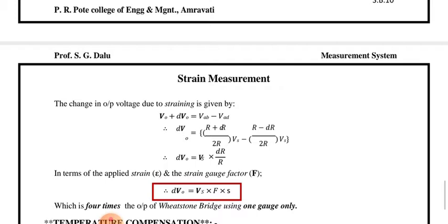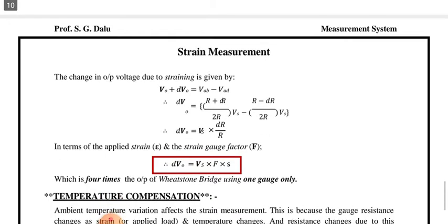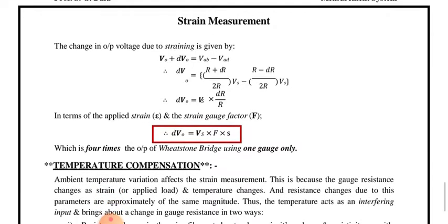Okay, in terms of the applied strain, with strain gauge factor F, dR by R will be written as F into epsilon, so the equation is derived as dVO equals Vs into F into epsilon, which is 4 times the output of a Wheatstone bridge using one gauge only.